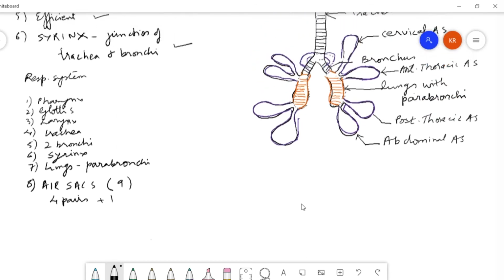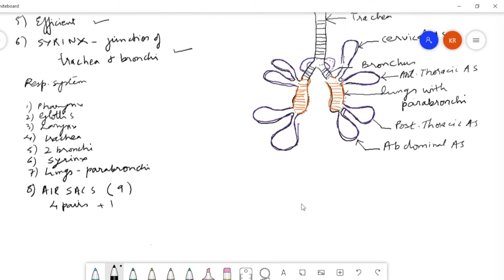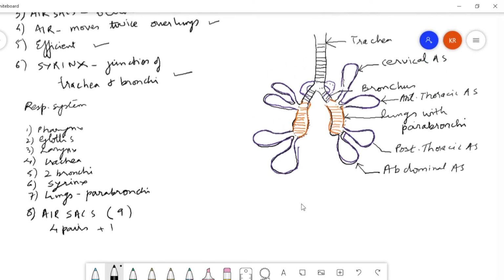And we can see that we have mentioned here that there is cervical air sac, anterior thoracic air sac, posterior thoracic air sac, abdominal air sac. And this one which I have drawn over here is interclavicular.